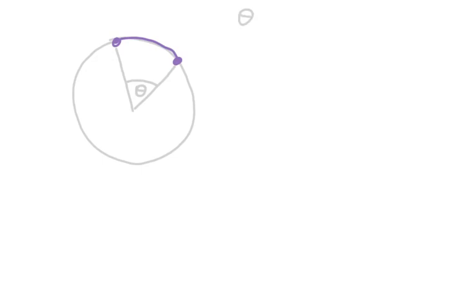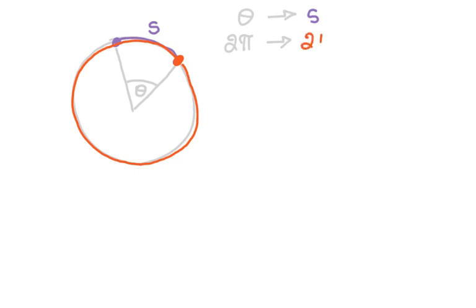For theta, I move some distance, which I'll call s. But if I go from this point all the way around, then my theta becomes 2 pi. That's the angle, and in this case I move the distance of 2 pi r.